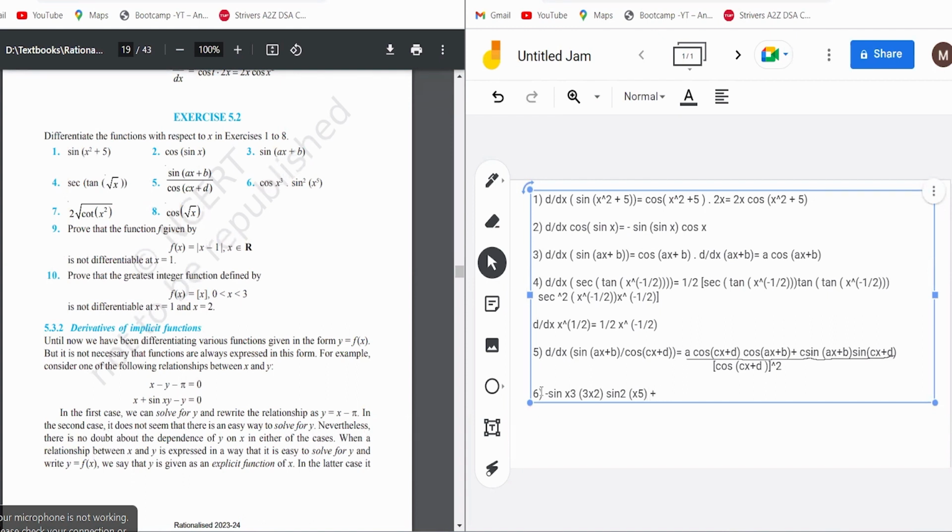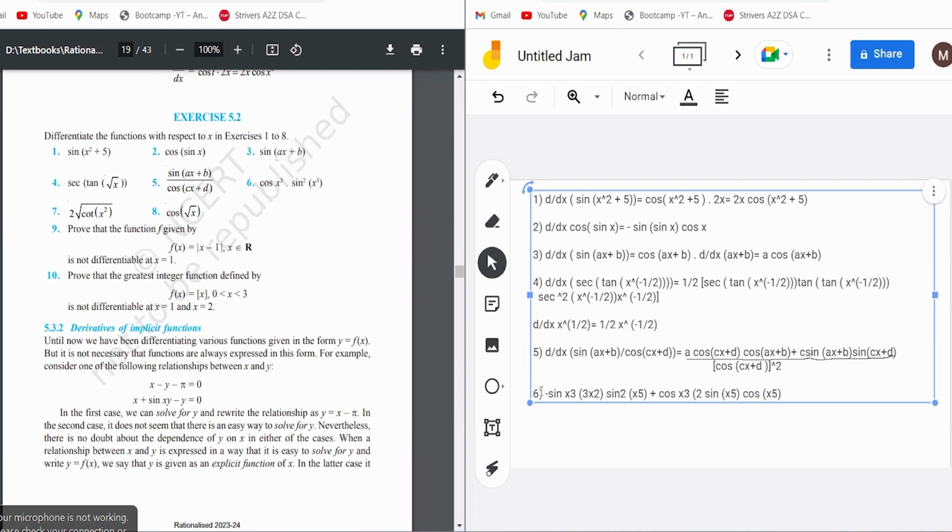Plus first function as it is, that is cos of x cube multiplied by differentiation of second function. And what is the differentiation of second function? Second function is sine square x power 5. So its differentiation would be firstly going from outside to inside. So differentiation of square would be 2 times sine of x power 5 multiplied by differentiation of sine of x power 5, which is nothing but cos of x power 5.